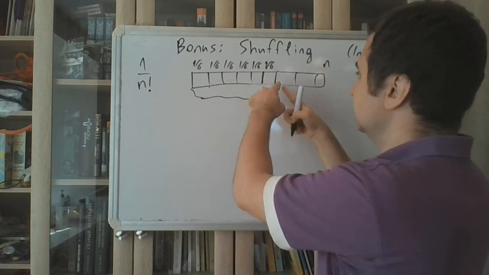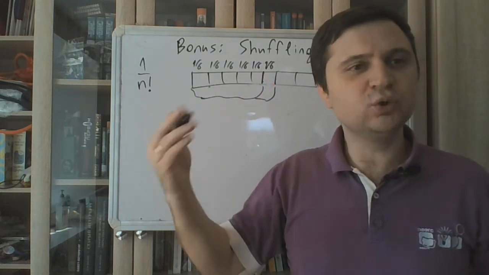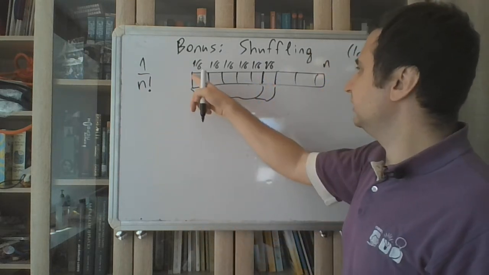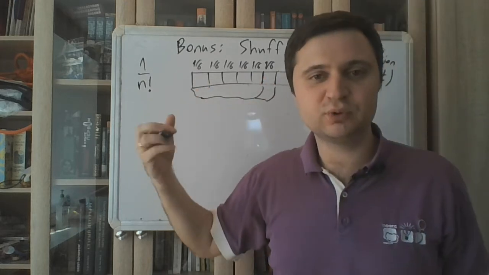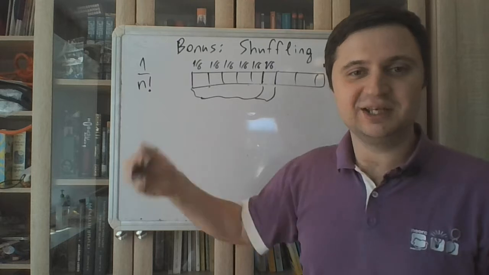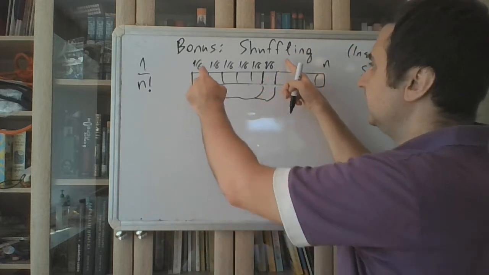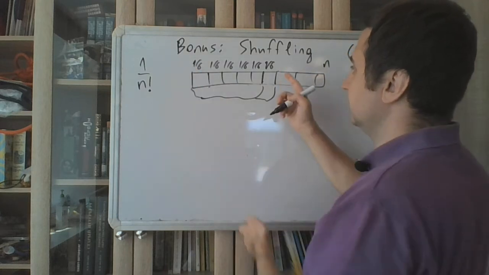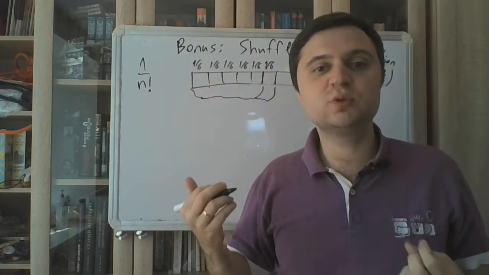We are working with the 6th card in usual, non-programmer notation, so it's the 5th card in Python enumeration, but it's the 6th card in usual people enumeration. When we are working with the 6th card, the probability of it going into each of the positions should be 1/6.